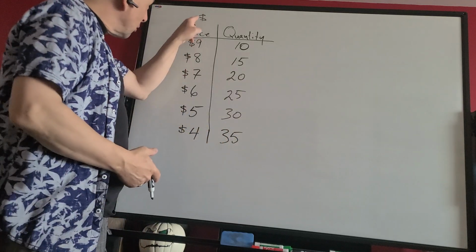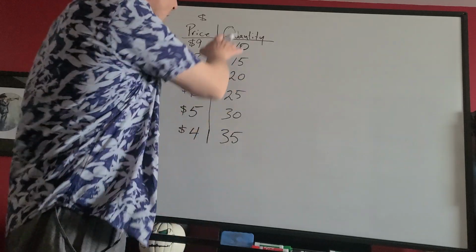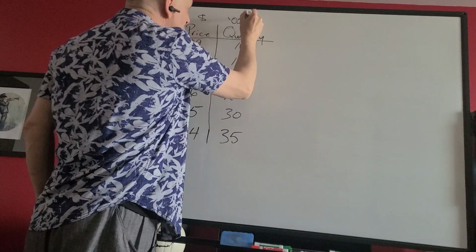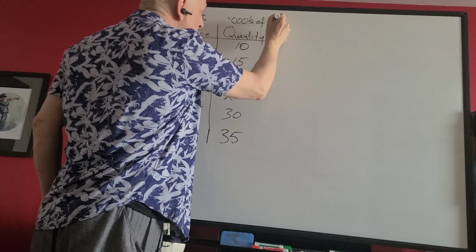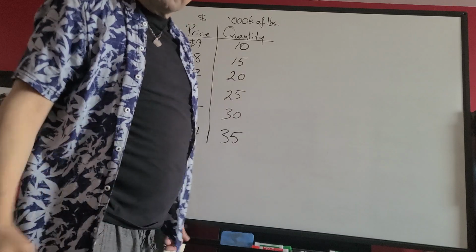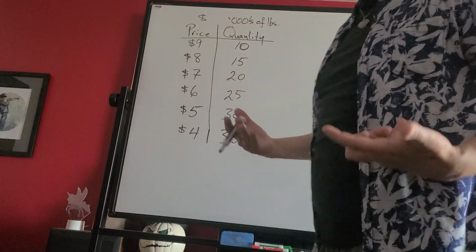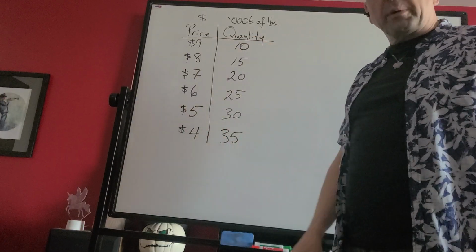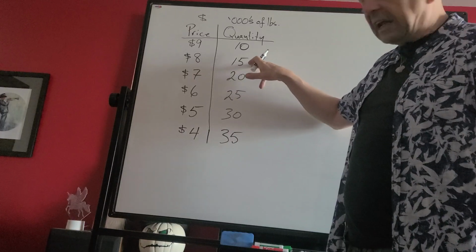We'll talk about incrementing in monetary terms. And then this will be in thousands of pounds. So at a price of $9 for whatever this good is, 10,000 pounds will be demanded. At a price of $8, notice that 15 will be demanded.